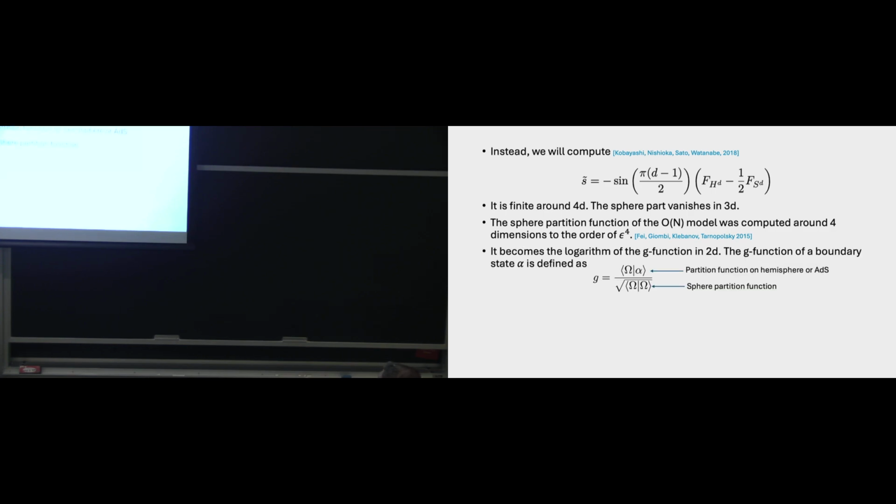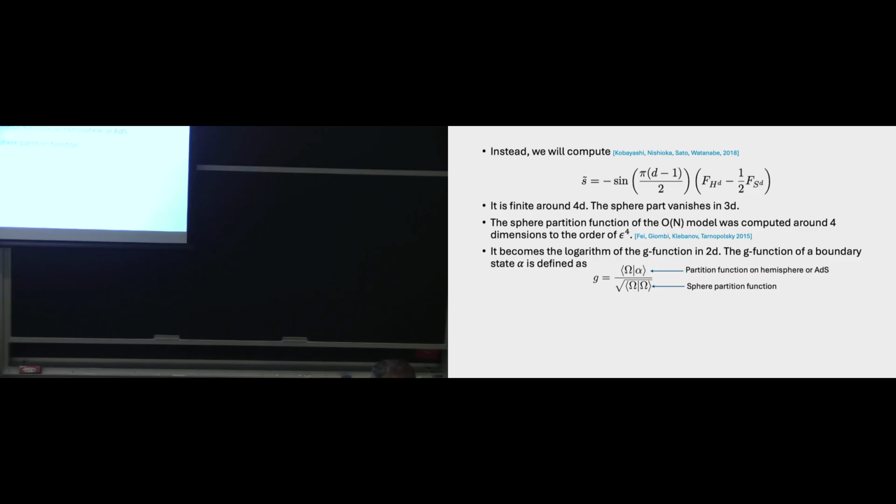And at d equals 2, S tilde reproduces the logarithm of the boundary g function in 2D CFT. To recall, given a boundary state alpha, the g function is defined in this way.